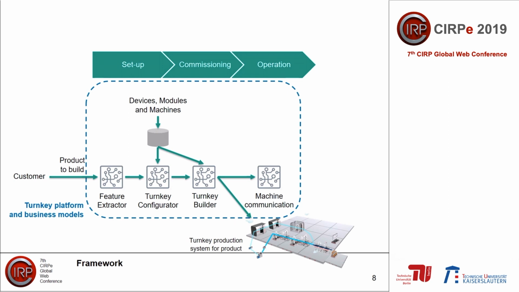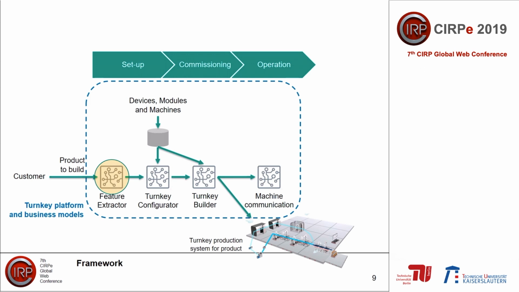After the customer is satisfied with the result, he can then order the production system directly on the platform. After setting up the physical system, the platform enables machine communication and monitoring functionalities.